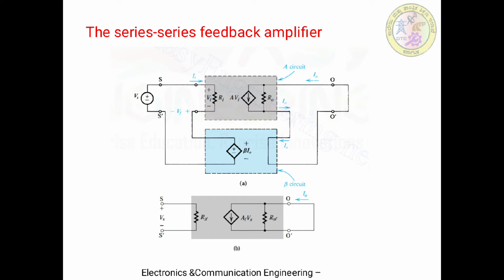Here capital A represents the transconductance, and let us write the expression for it. So here A is given by A is equal to I naught, output current I naught by Vi. Equation 1. And also in this case beta represents the trans resistance, so therefore again A into beta represents the loop gain.